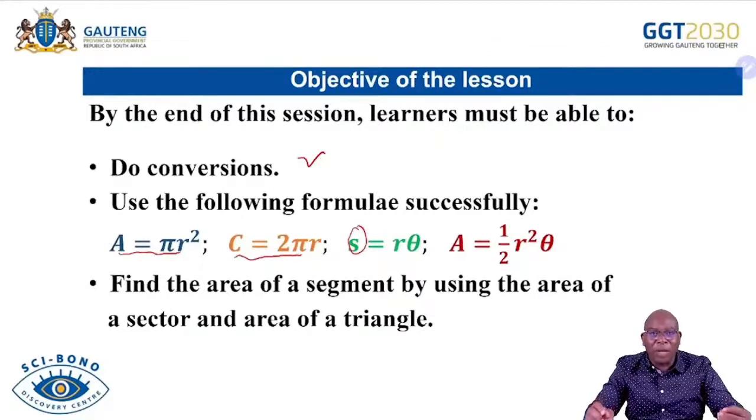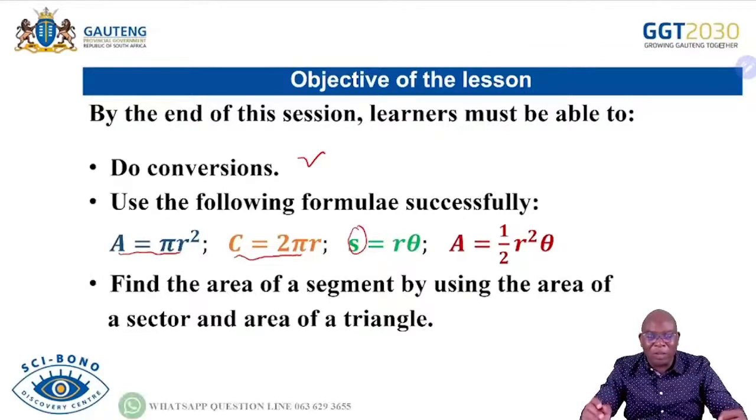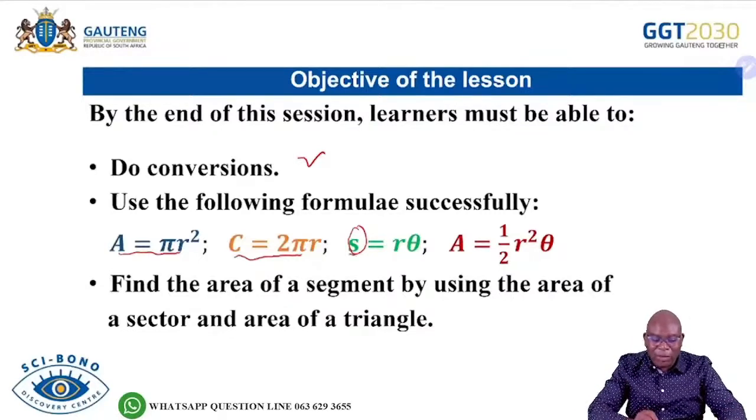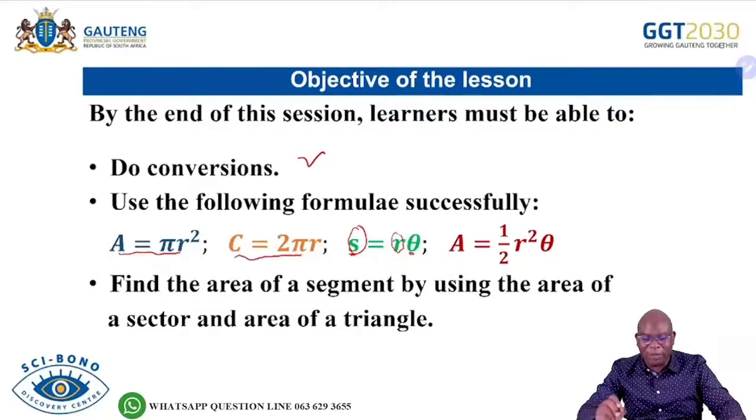So we're going to be looking at the terminologies of those circles and those symbols, so you'll see what each symbol stands for. The S stands for the arc length of the circle, the R is for the radius, and the theta is for the angle in radians. Remember, in circles, angles, and angular movement, we're working with radians.